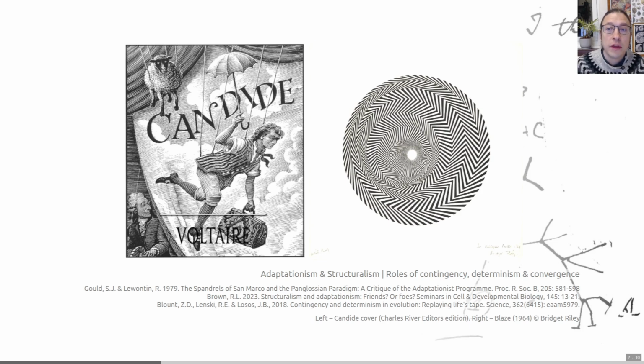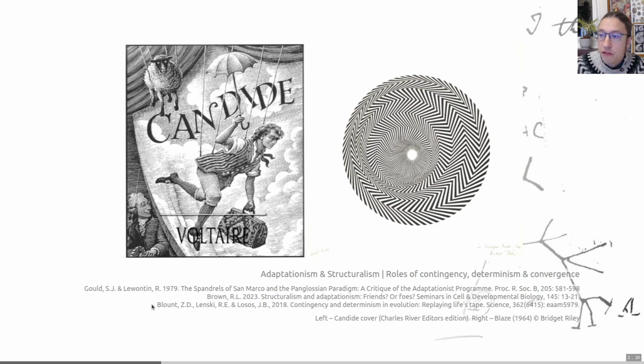So when you look at something, you say, that is an adaptation. And if it's not clear what that's an adaptation to, you look harder to try and find out what it is an adaptation to. Contrasting with that, the other camp that researchers are sometimes placed into are the structuralists, whose work and explanations include constraints on evolution, such as those that result from the development of complex organisms or the physical laws in an organism's environment.